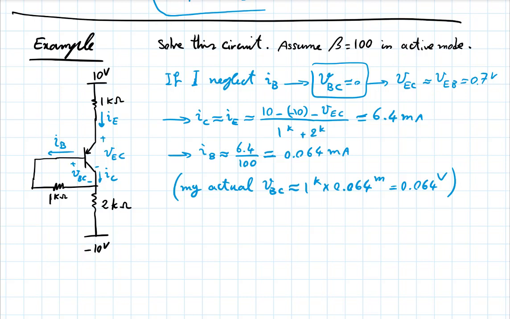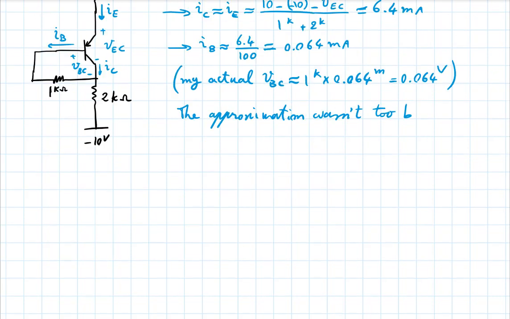So we see that the approximation that IB was negligible and VBC was approximately 0 turned out to be not too bad, because all that means is if I make this correction and put it in the equation where I got the current through the collector and emitter, it doesn't make a whole lot of difference, because that's an amount subtracted from 20 volts. So not too bad an approximation.